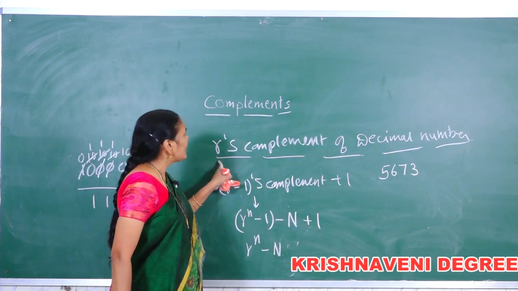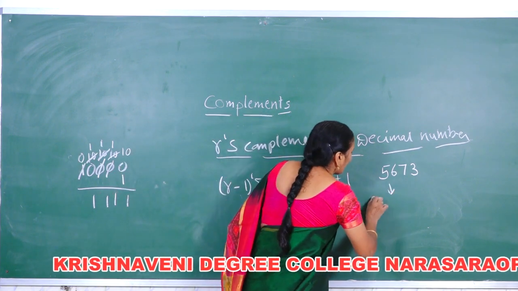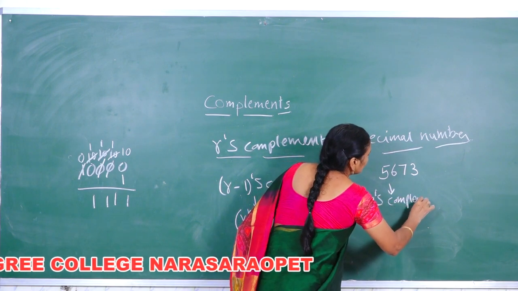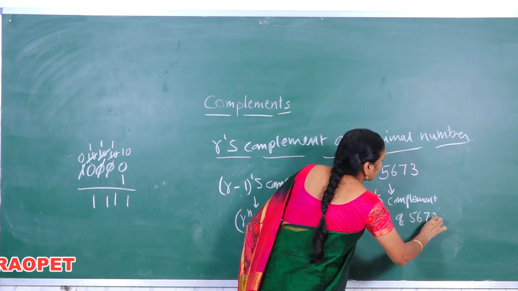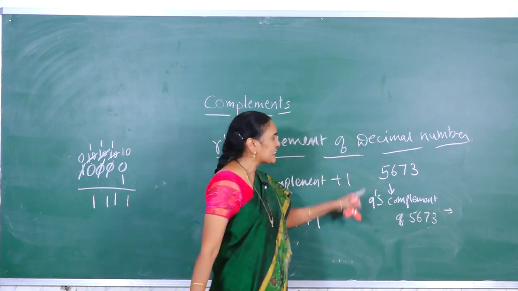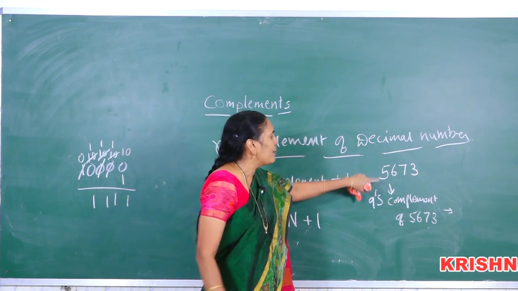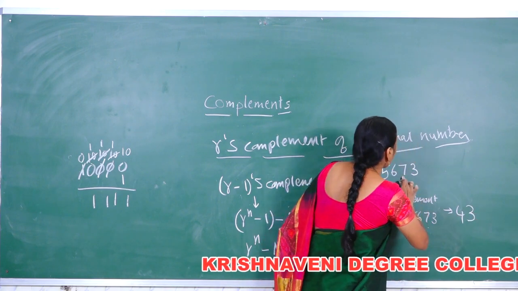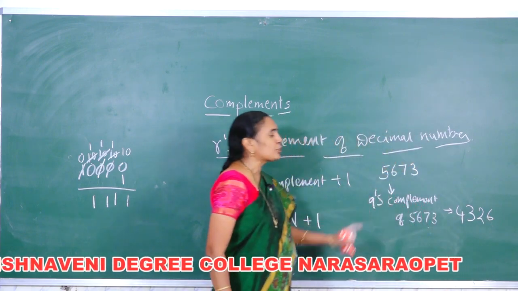In order to find the 10's complement, first you have to find the 9's complement of 5673. As we have previously discussed, we have to subtract each digit from 9. 9 minus 5 is 4, 9 minus 6 is 3, 9 minus 7 is 2, 9 minus 3 is 6. This is the 9's complement.